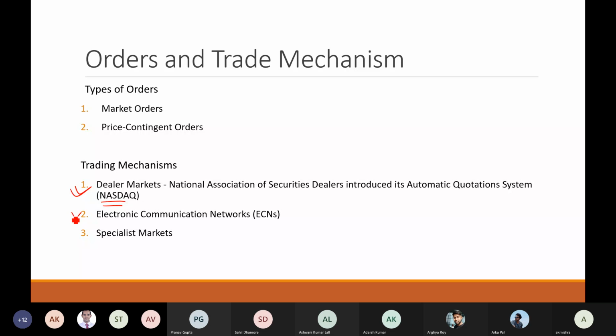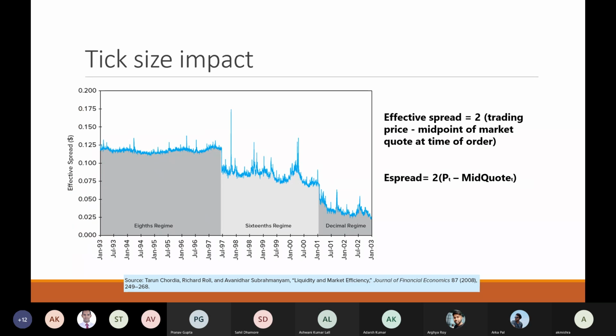And second, now across the world you will find all the stock exchanges have some kind of electronic communication network. Through that trading is happening, and across markets you will find specialists. They are readily available to help their clients by charging some additional cost.